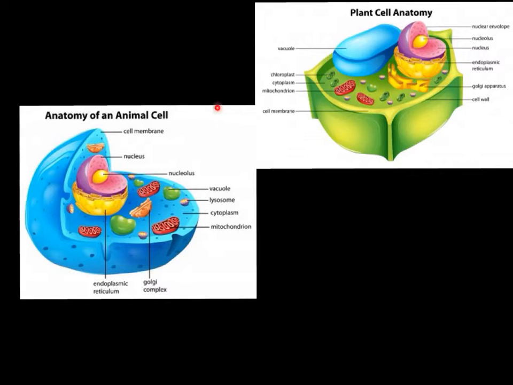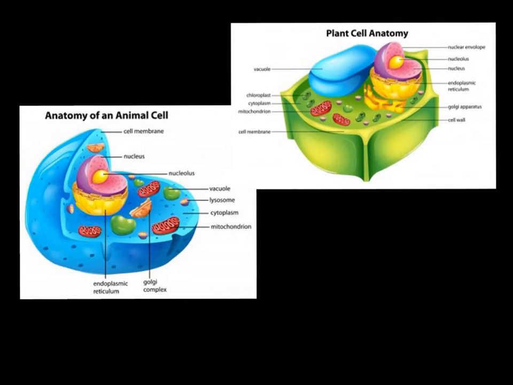And there are little holes in the cell membrane, as you can see in the animal cell, that let water and sunlight and everything come into the cell, so the cell can thrive and live.